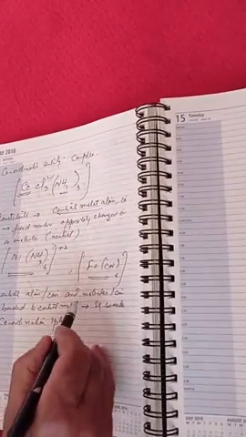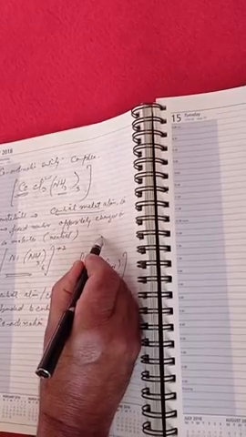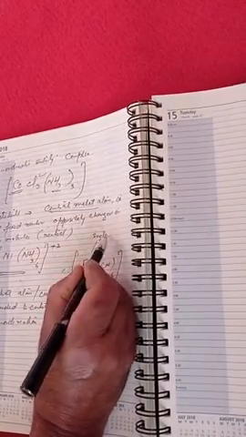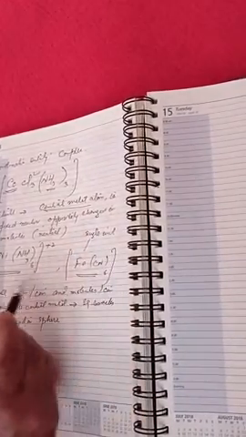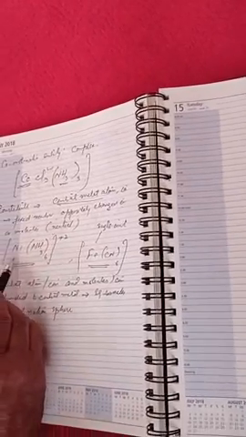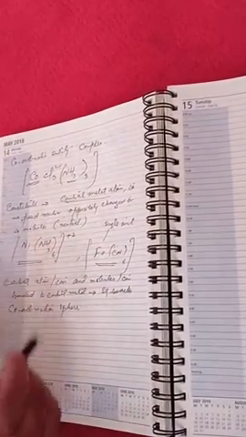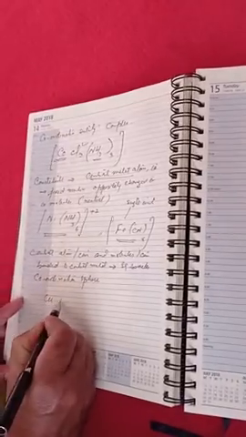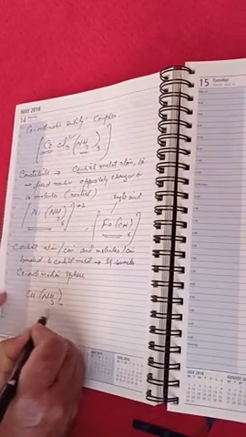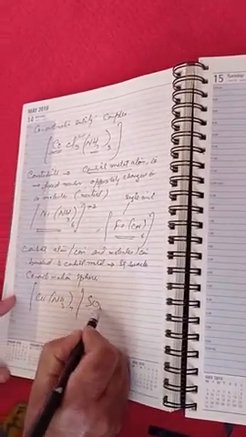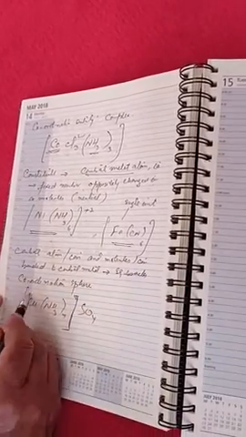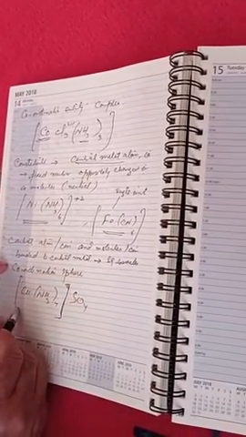The coordination sphere is a single entity, a single unit. That means it will not bifurcate. For example, take [Cu(NH3)4]SO4. I have written the complex in square brackets. It is a single entity.